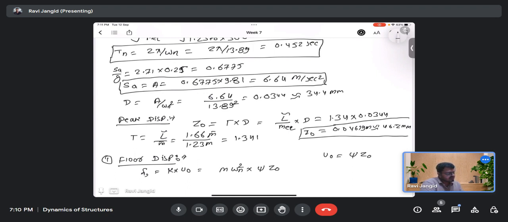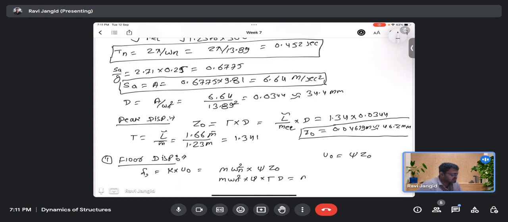And u naught is psi into z naught. And how can I write z naught? Z naught is given as gamma times d.